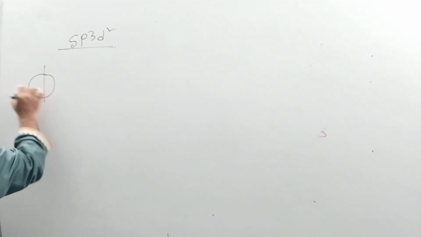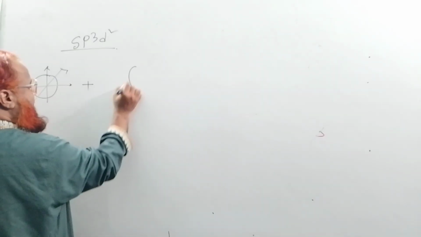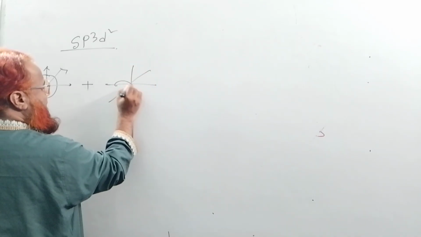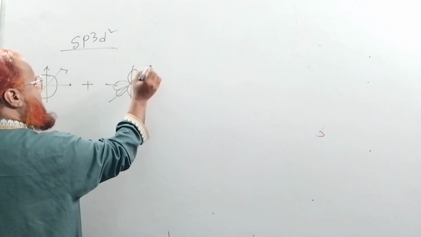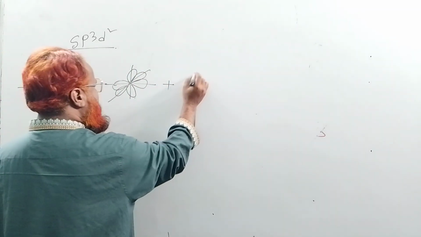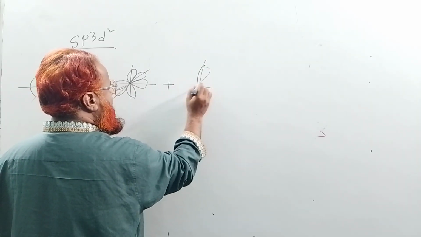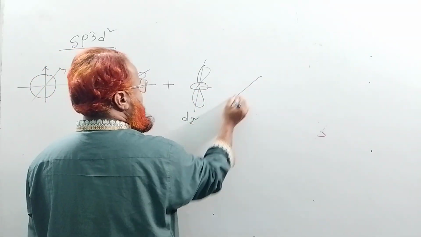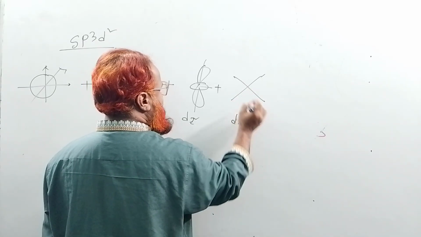So in this type we can see that here one is 3p, 3p, 3p, 3p, 3p and 3d, dz square, and what? dx square minus y square.